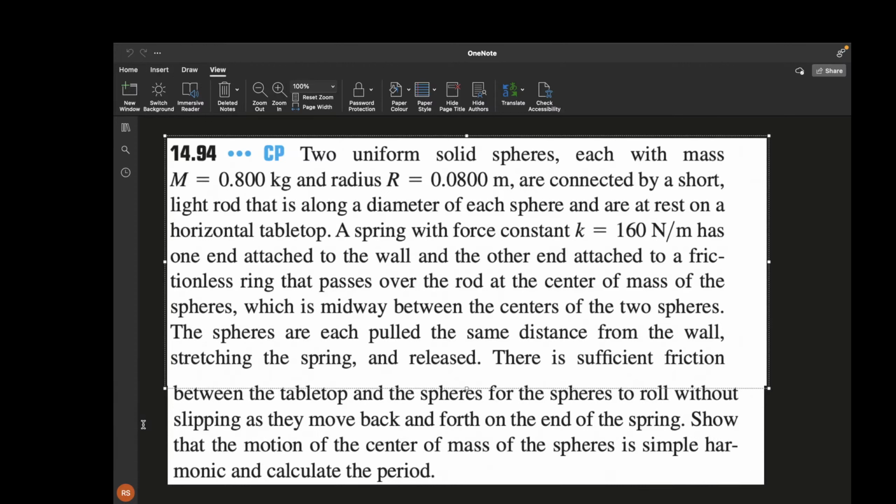The spheres are each pulled at the same distance from the wall, stretching the spring, and released. There is sufficient friction between the tabletop and the spheres for the spheres to roll without slipping as they move back and forth on the end of the spring. Show that the motion of the center of mass of the spheres is simple harmonic and calculate the period.